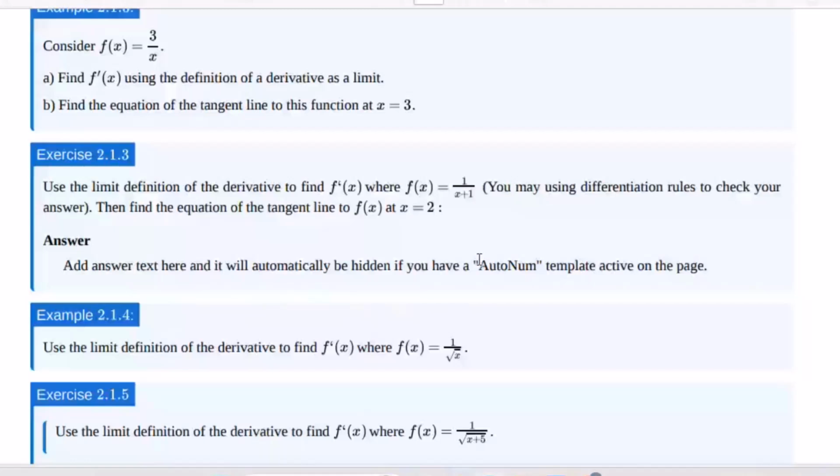I cancelled the root of x plus 5 of the numerator and the root of x plus 5 in the denominator. What are you left with? 1 plus h.